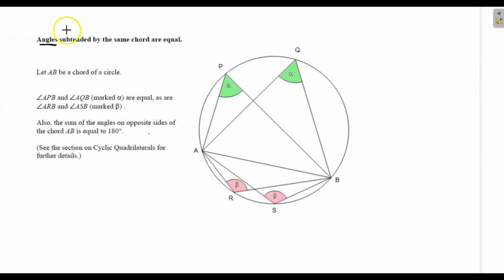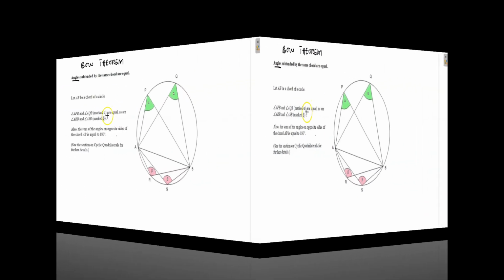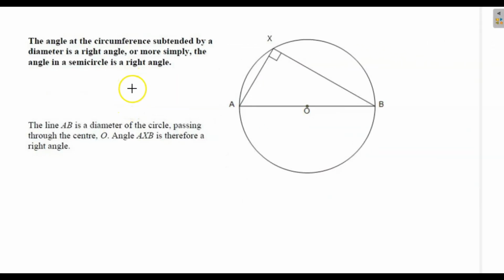So now that we've been able to verify the bow theorem, let's move on to the next theorem. With respect to the next theorem, we are looking at the angle at the circumference subtended by a diameter is a right angle. Or more simply, we can say that the angle in a semicircle is a right angle.